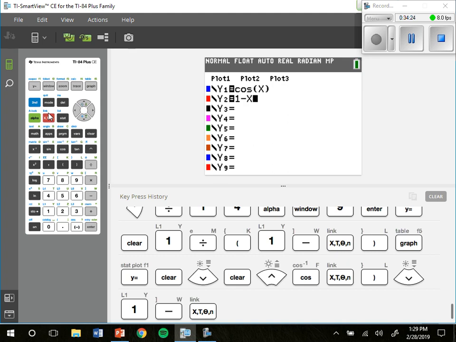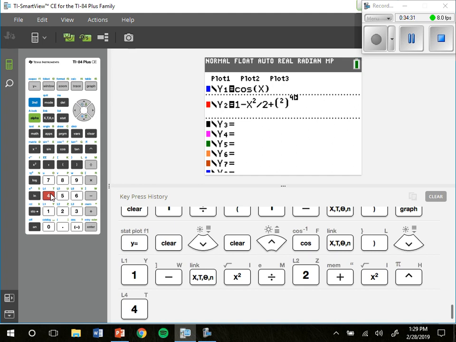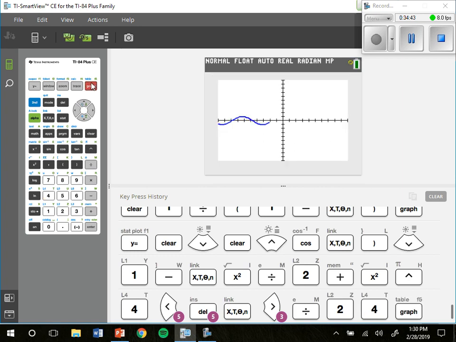So x squared over 2 factorial, which is just 2, plus x to the 4th over 24. Let's just start with that.